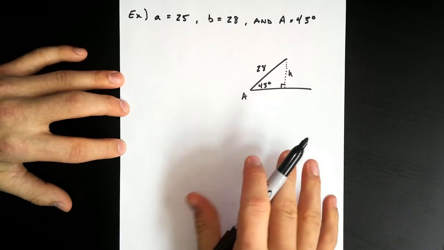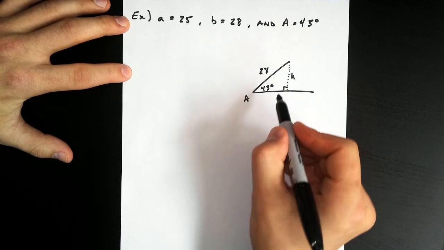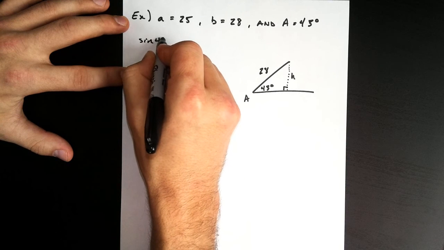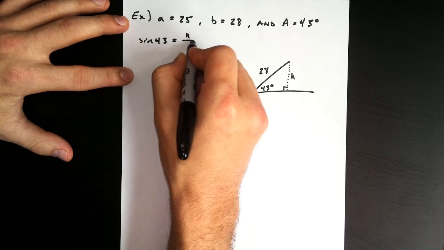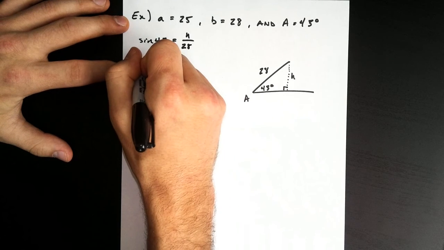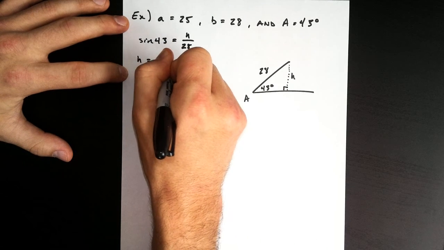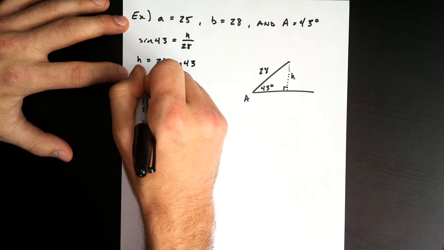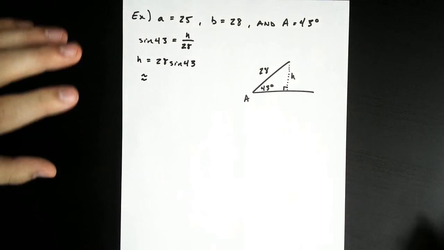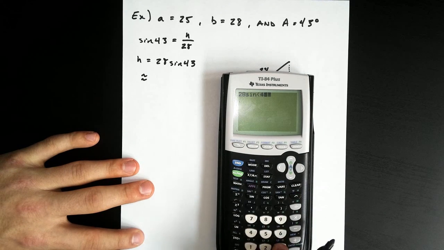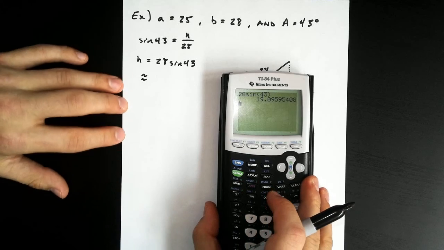So to find the height of the triangle, we can easily do that using sine. So the sine of 43 is equal to h over 28. So h is equal to 28 times the sine of 43, which is a value of about, if I type that into the calculator, about 19.1.